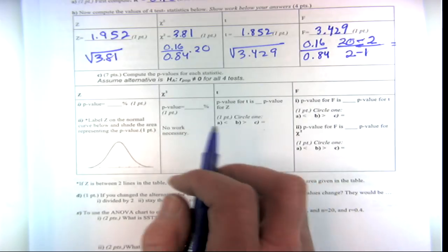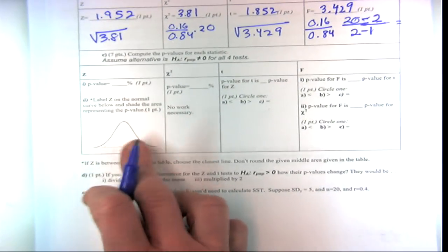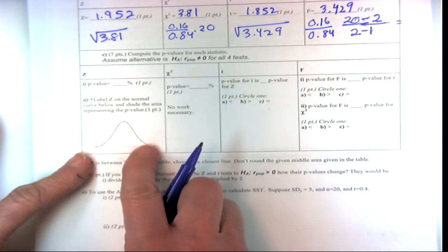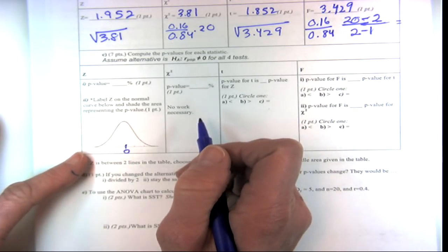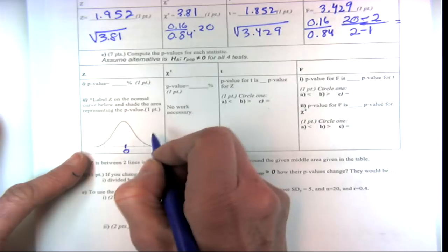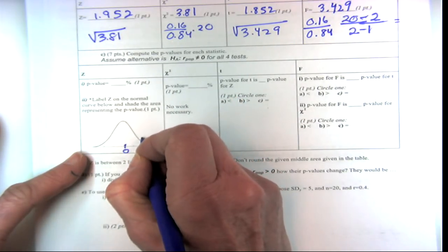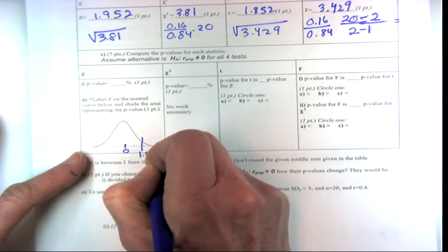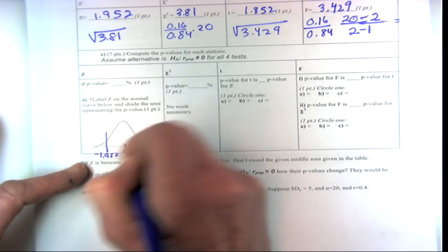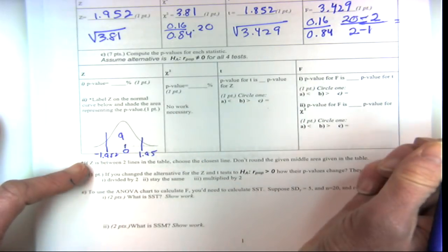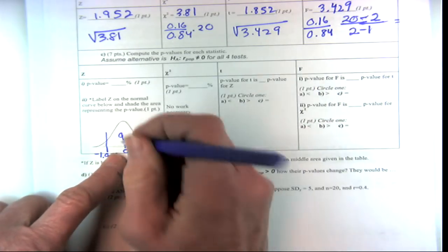So here we just have to look up, this is the only one you really, so here I say label z on the north. Okay, so you know in the middle is 0. And now we're just going to say between 1.952 and negative 1.952 is about 95%.